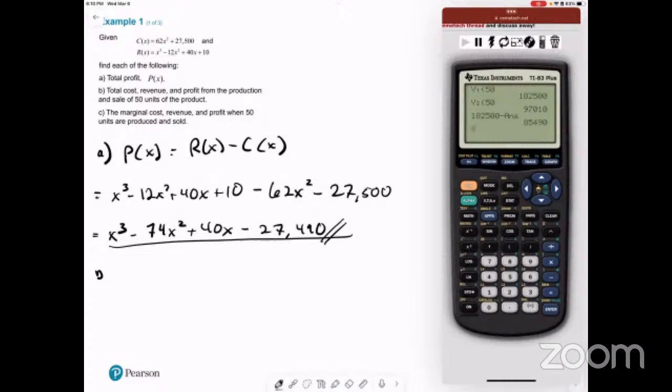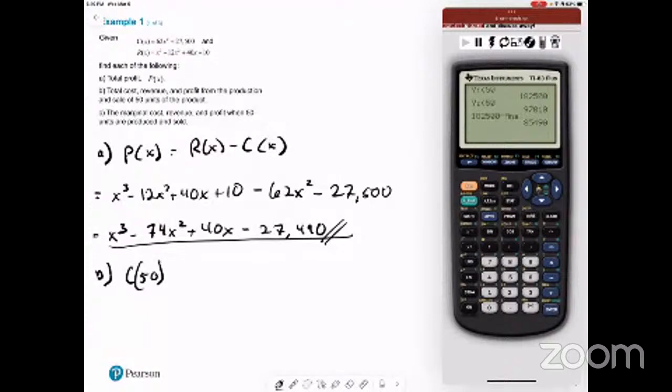So I'll just take my notes here. So then the cost to produce and sell 50 items, we basically just plug 50 into the cost function, and we got 182,500. Yeah, I think so. Okay.